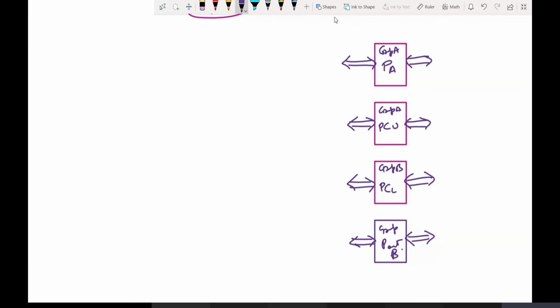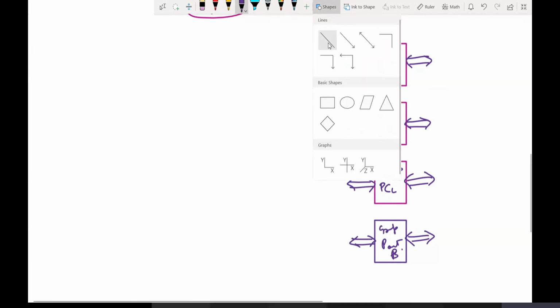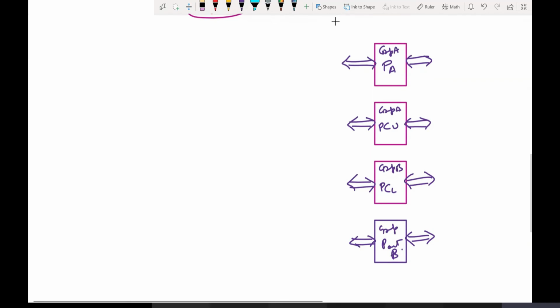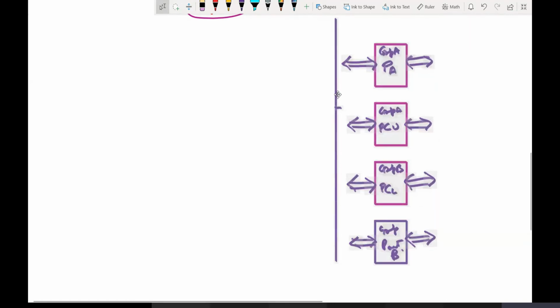So where will these ports be connected? We again need a shape to connect. They will be connected to the data bus. So this is the bus we are having.